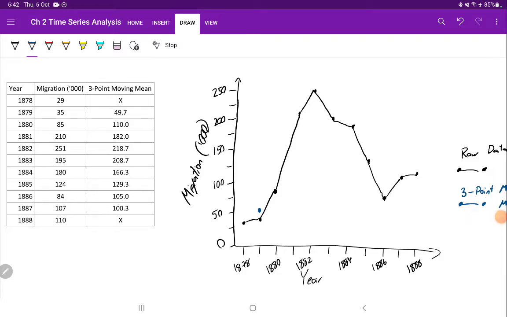So my next point is 1880, and that goes with 110. And we can continue going through. 1881 is 182.